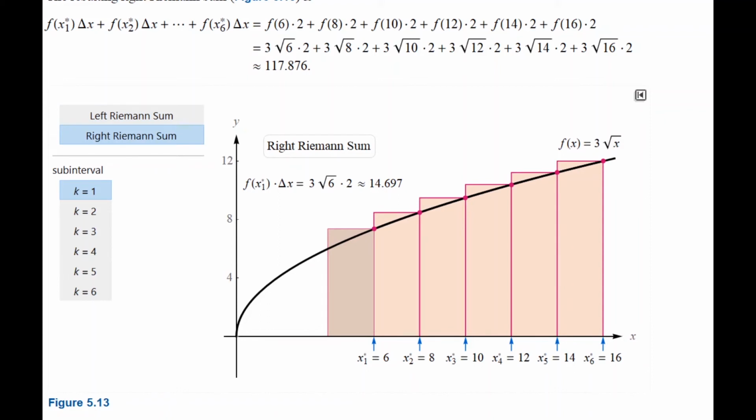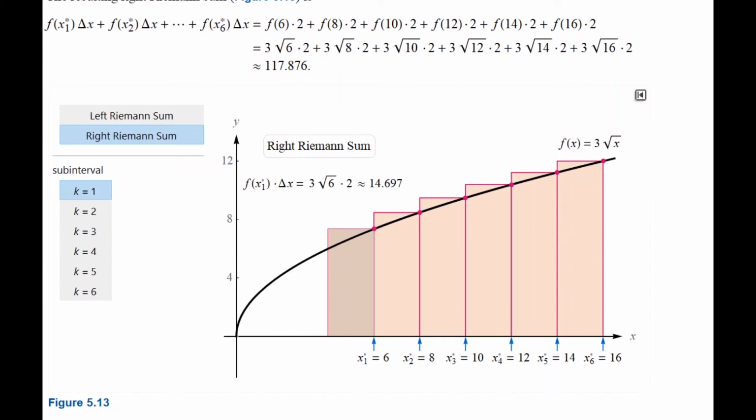And you could see that choosing the right endpoints here gives us an overestimate, but that's not a general rule. That only occurred because this function is increasing, okay? But we can't make assumptions like that, so making very general statements that this is an overestimate or an underestimate, that is not too useful, because we could have functions that increase on some intervals but decrease on other ones, and so I wouldn't suggest trying to look for a very broad statement there.